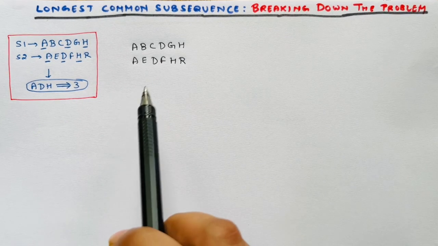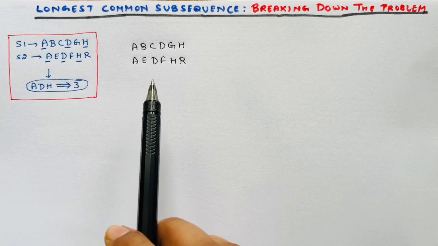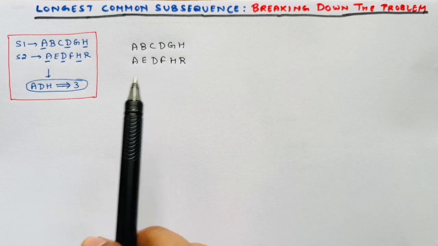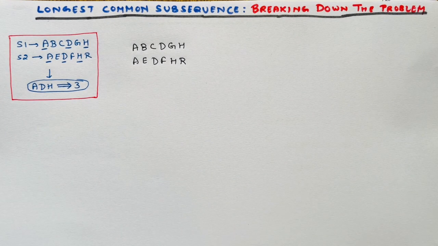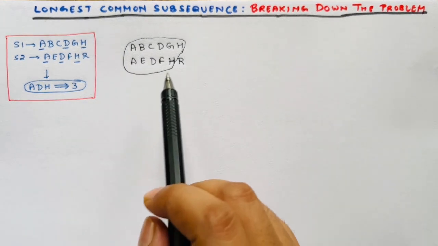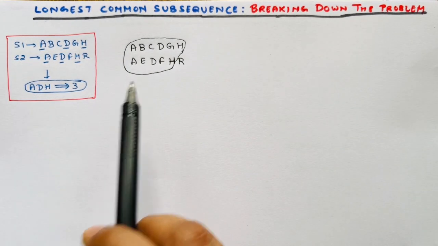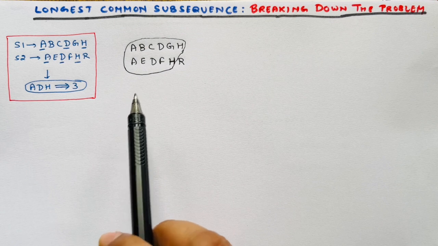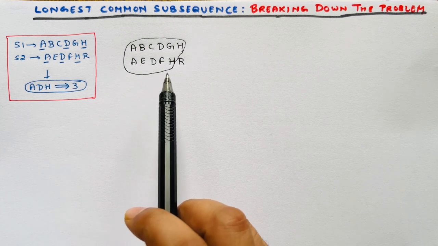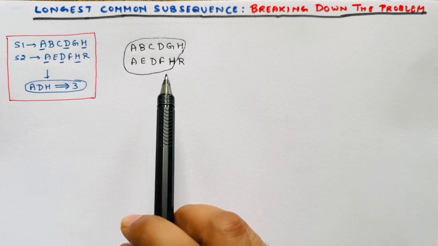So this is our current input. Now how can we go to just smaller problem than this? This encircled area can be my just smaller problem. Why? Because I have reduced the size of just one of the strings by just 1, which is the minimum I can do.